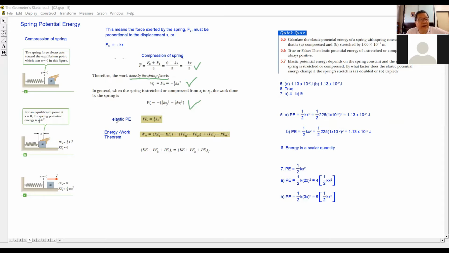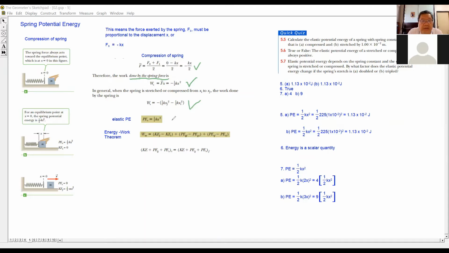So we say that the elastic potential energy is denoted by PE. PE means the elastic potential energy, and there's a small s at the bottom there. The small s means the spring. So elastic potential energy stored in the spring. Now, if you compare with the other potential energy, there's a PE g. The g one is the gravitational potential energy.